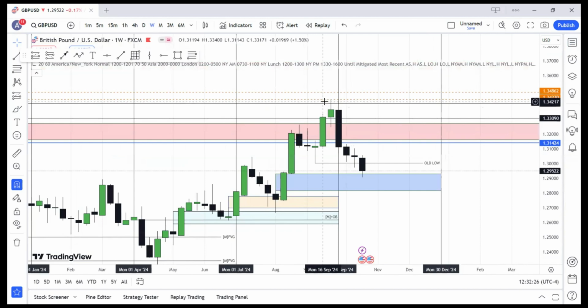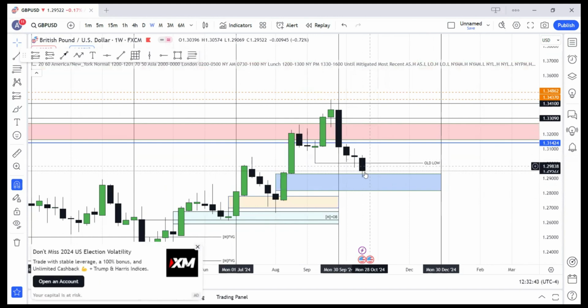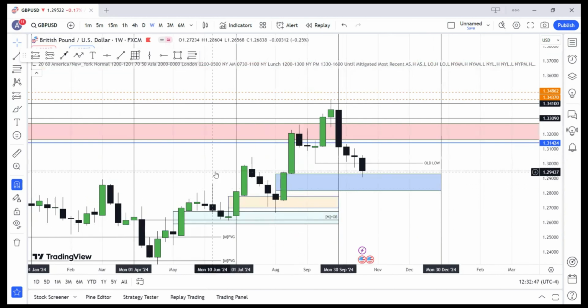So as you can see on the weekly time frame of the GBP USD, we went below that, traded down into this area of support, which is cool. I don't mind. It went into that area of support, so it just shows that it still wants to trade into that and respect that or work this area.